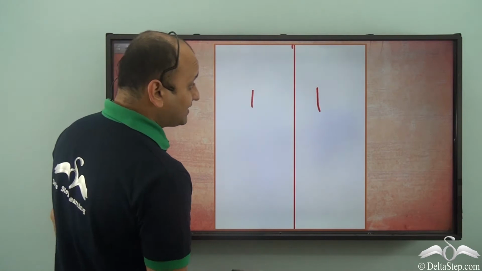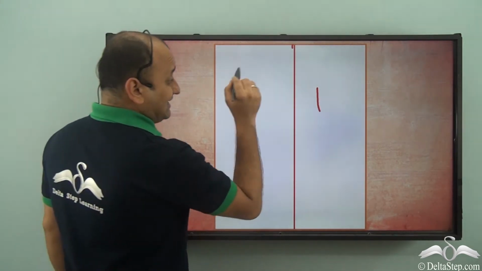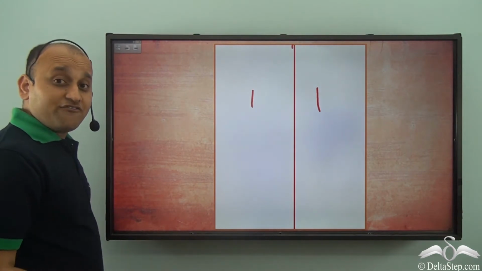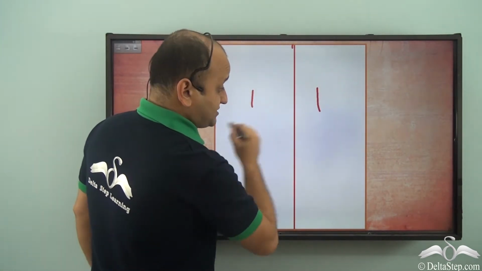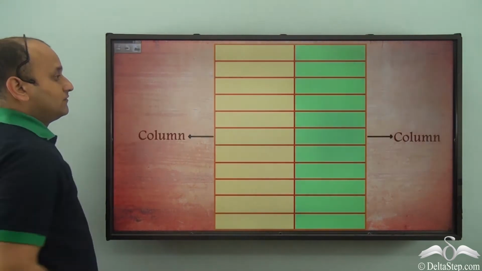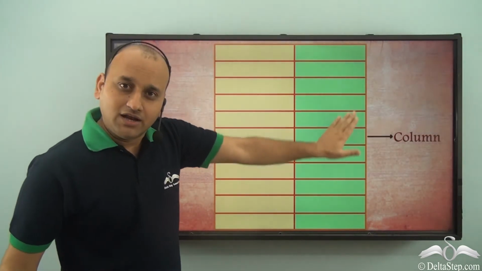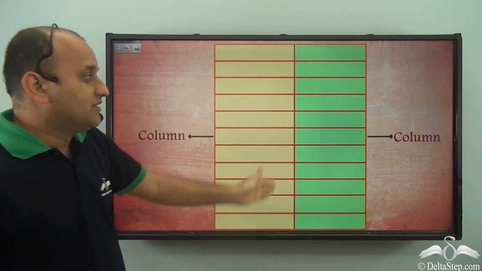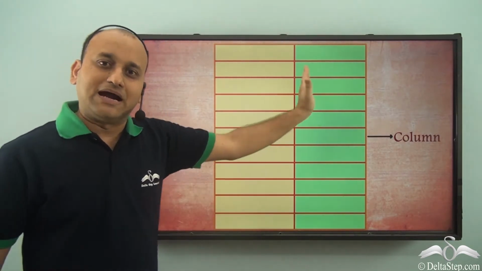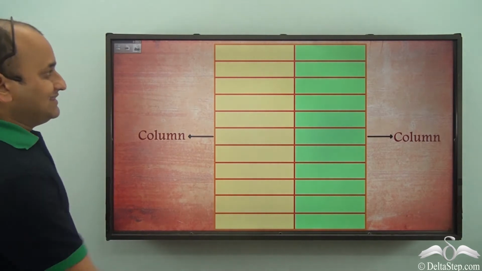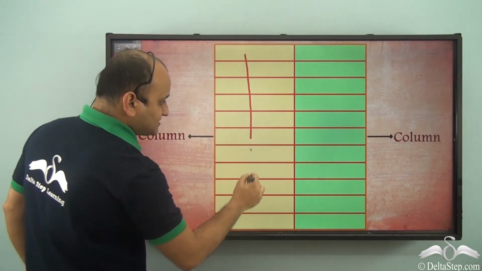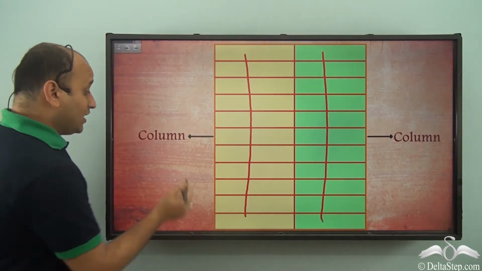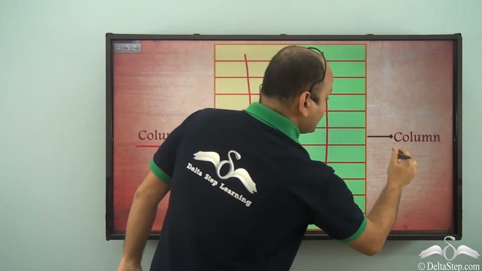Now in the next part, we will divide this particular sheet into a number of horizontal parts. So this is how the table will look now. So you have a number of horizontal parts and you have the initial vertical parts as well. Now these vertical parts, this one and this one, these are called columns.